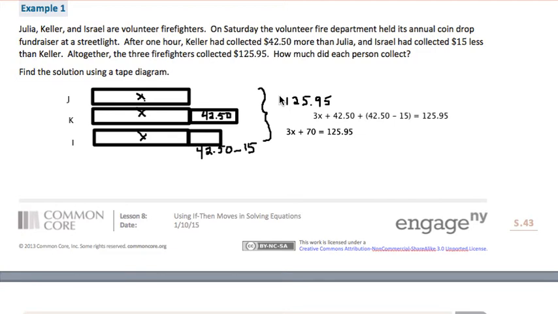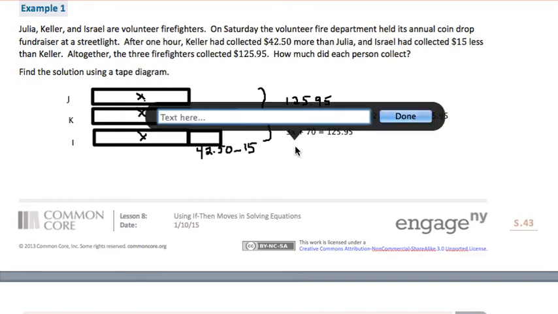And then, using an if-then statement, if 3x plus 70 equals 125.95, then 3x plus 70 minus 70 is equal to 125.95 minus 70.